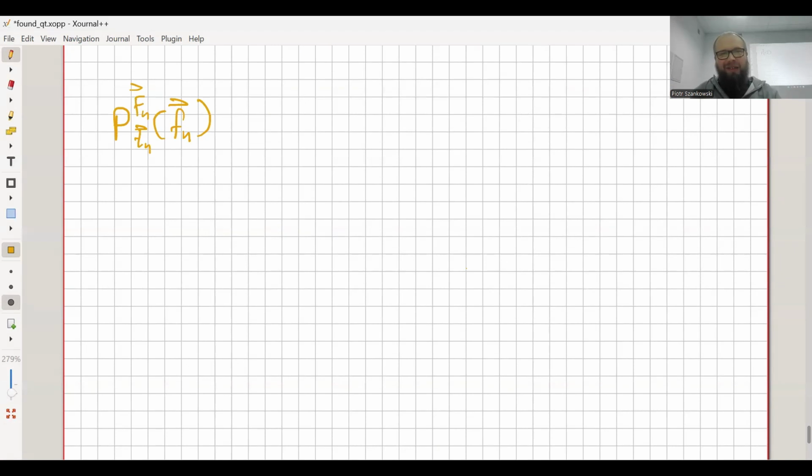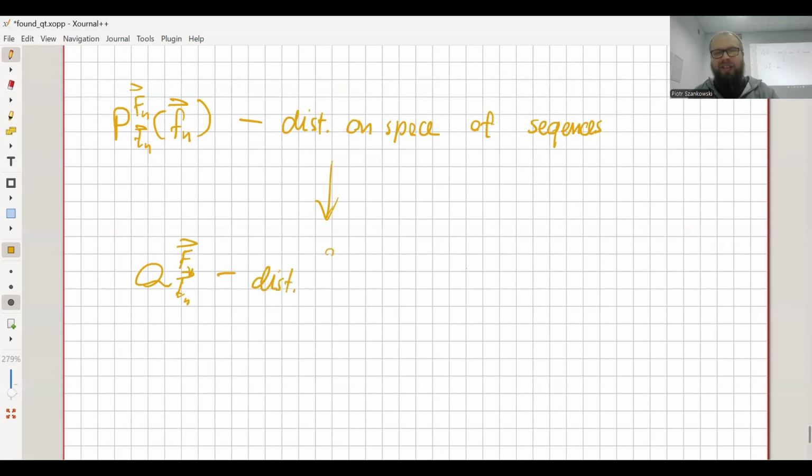So going from P, that's a distribution on the space of sequences, and we go from this to Q, which is a distribution, not a probability distribution, but still a distribution.